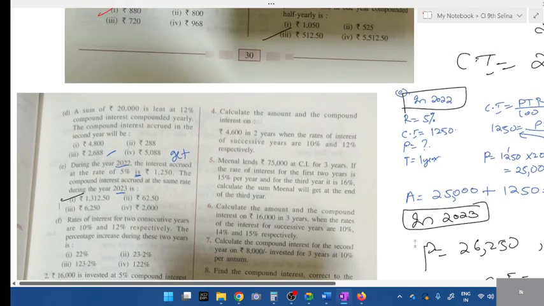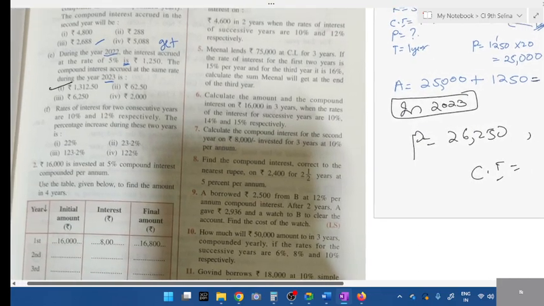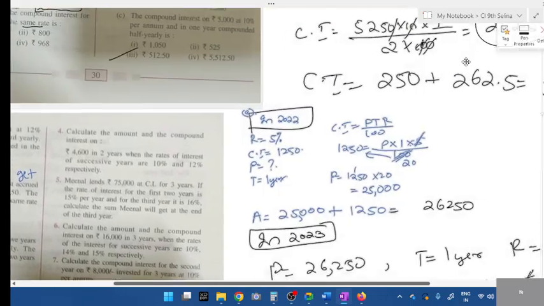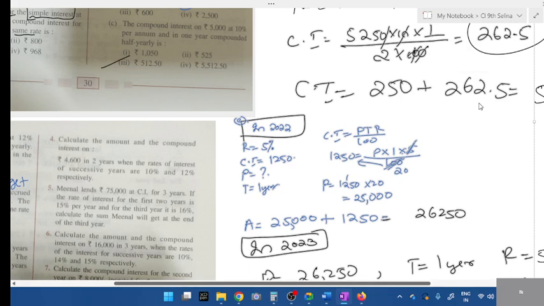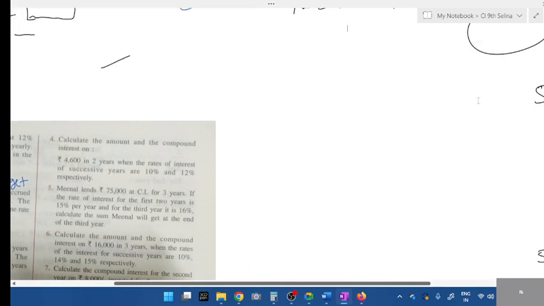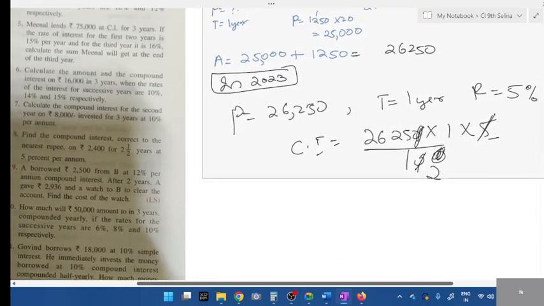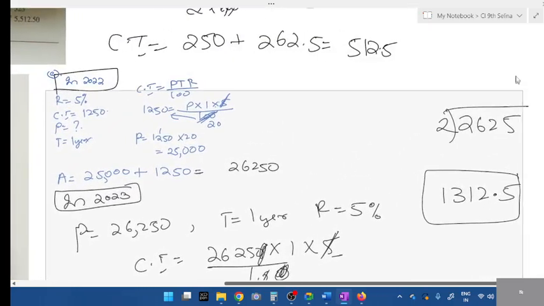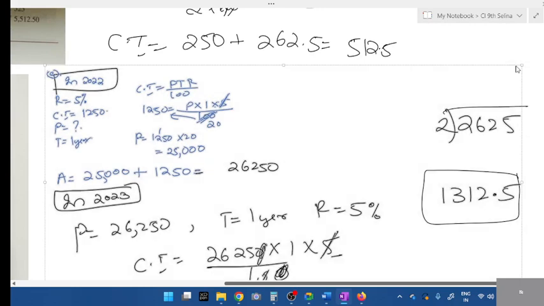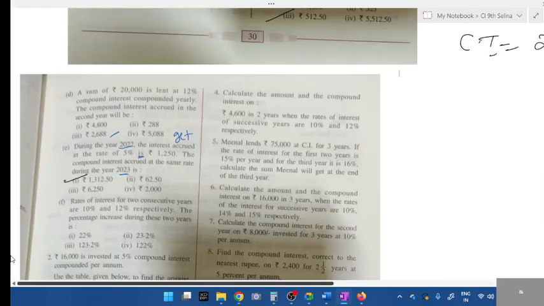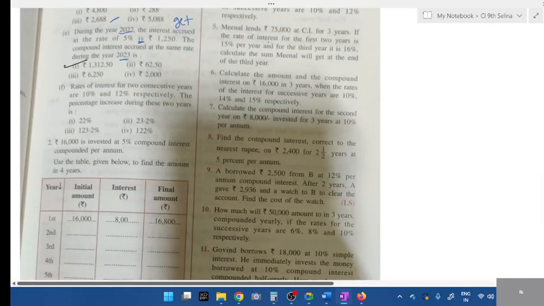This is slightly different, but it's an easy concept. Look at it. What is given? Rate of interest for two consecutive years. What are the rates, students? 10% and 12%.